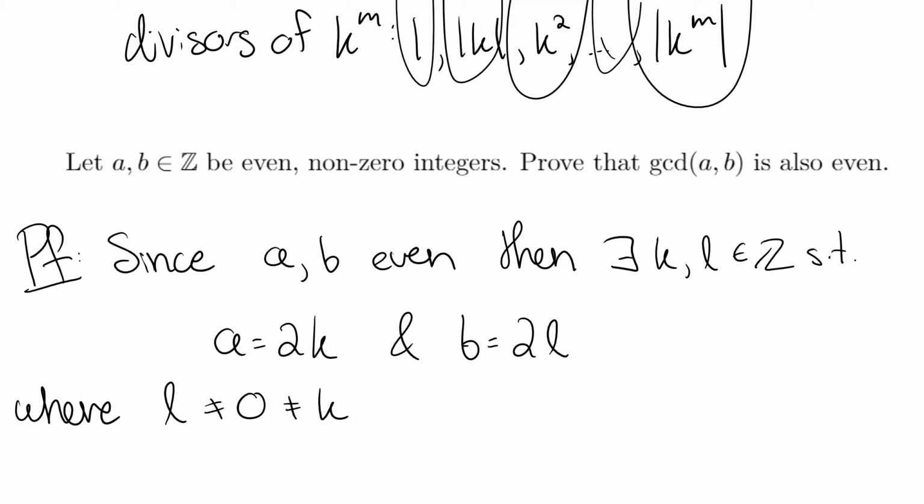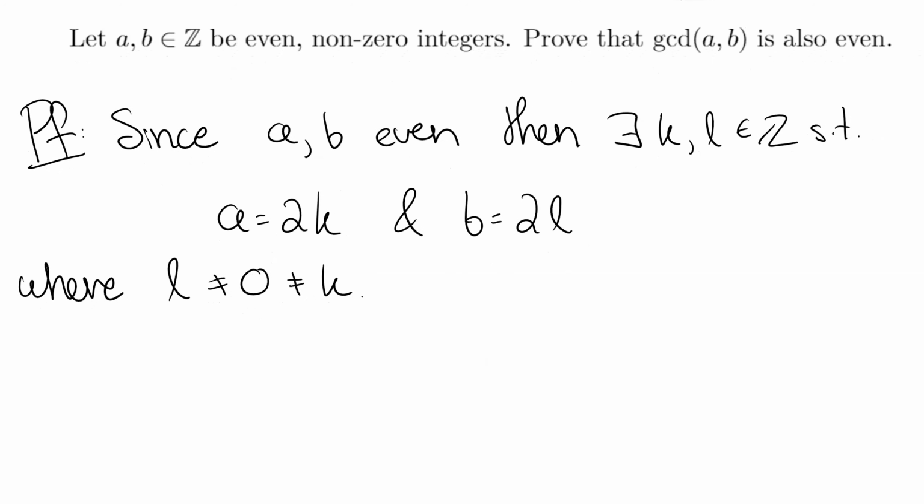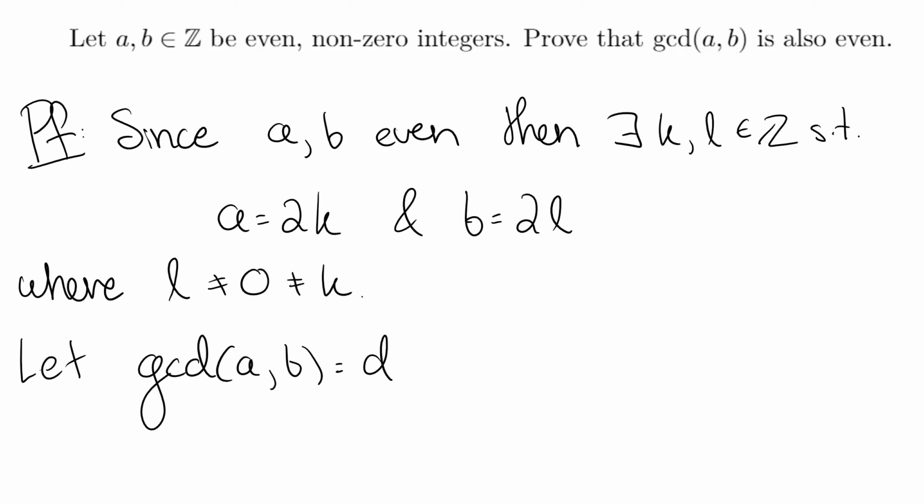So, all right, well, how should we continue this? We want to show that GCD of A and B is even. Well, why don't we start by saying let the GCD of A comma B equal D. Okay, so we don't know who D is. We just know it's going to be an integer.